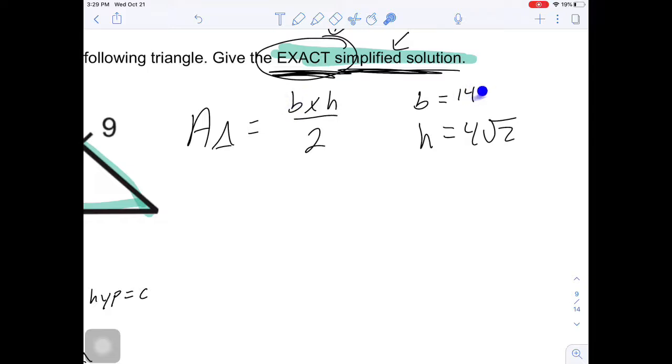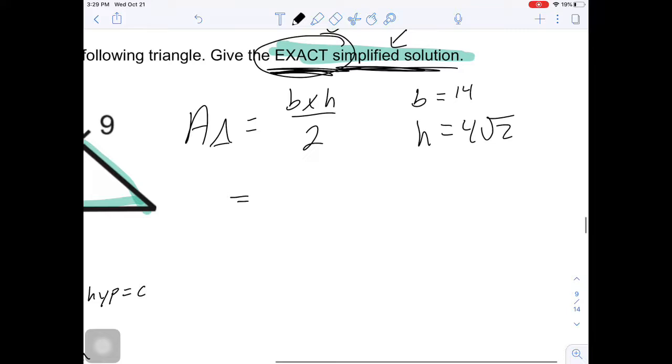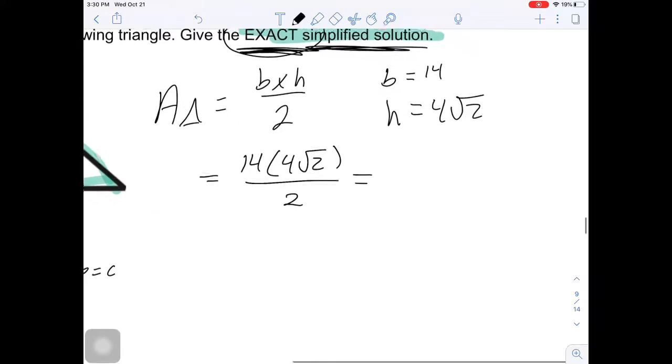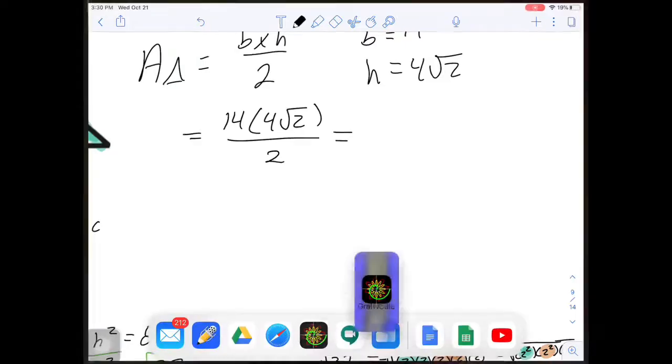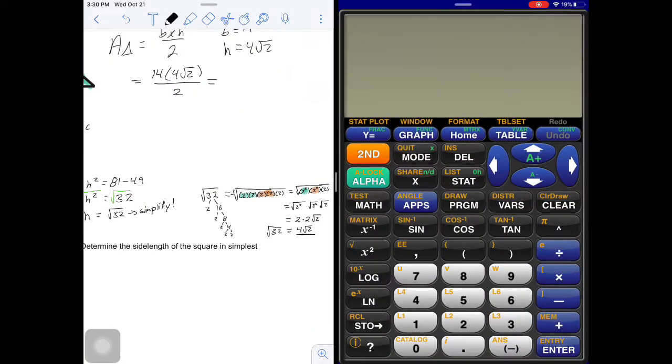So here I'm going to plug in 14 for b and 4 root 2 for h. So this will be 14 times 4 root 2 divided by 2. Now 14 times 4, we could use our calculator there. 4 times 14 gives us 56 times root 2 divided by 2.